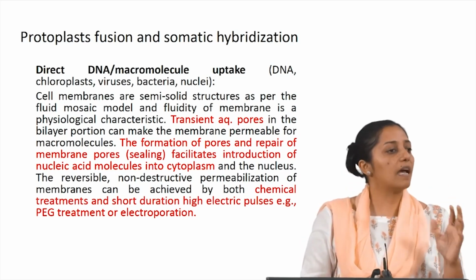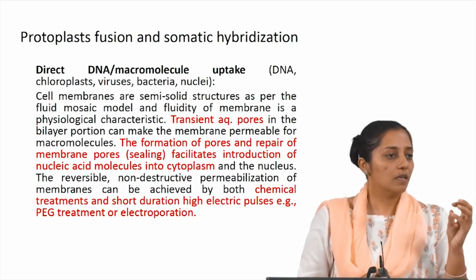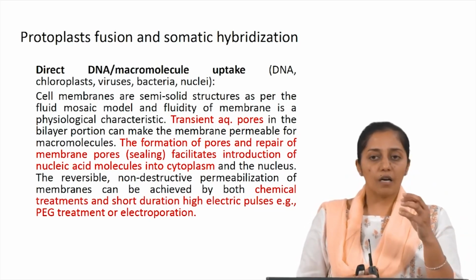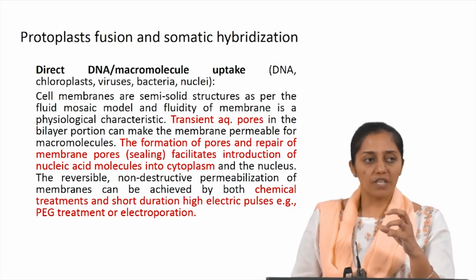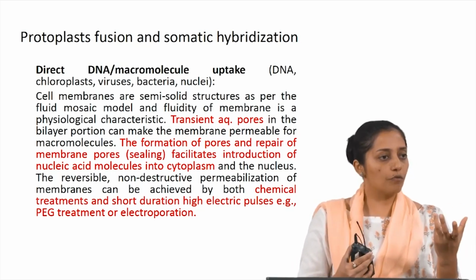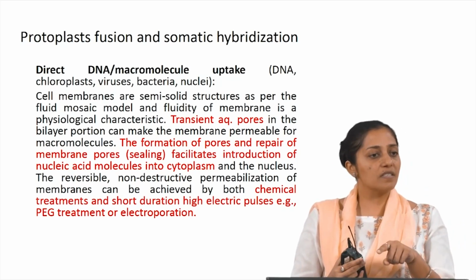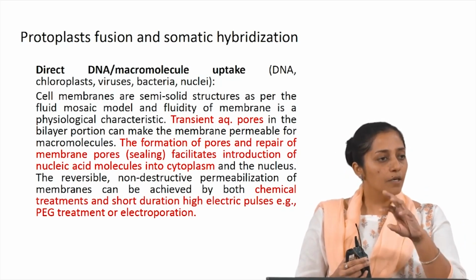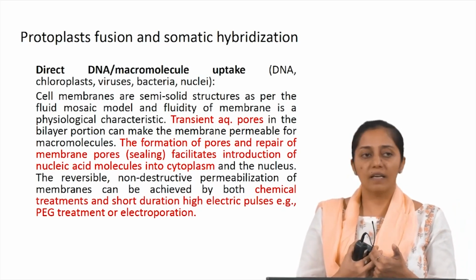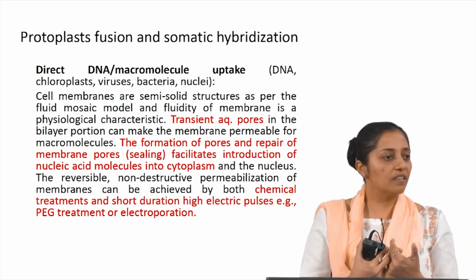Generally this is what happens in cells also. If cells want to take up some macromolecules, transient pores get formed, and even when the membrane gets damaged there is pore formation, but there is a process present in the cell to bring the membrane back to its position and close the holes.